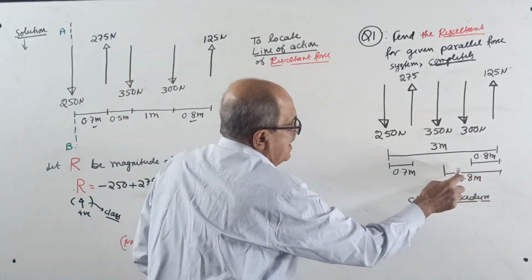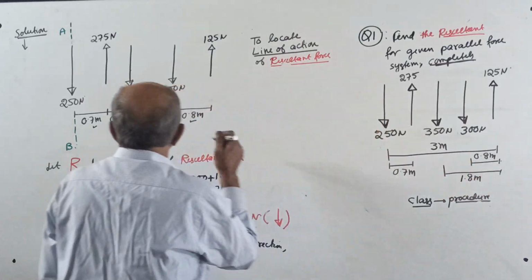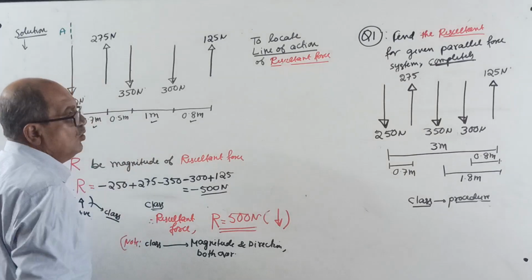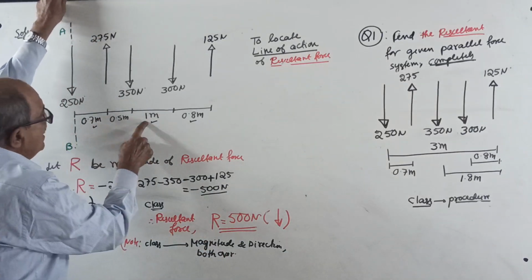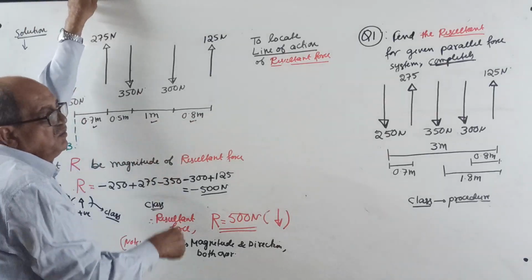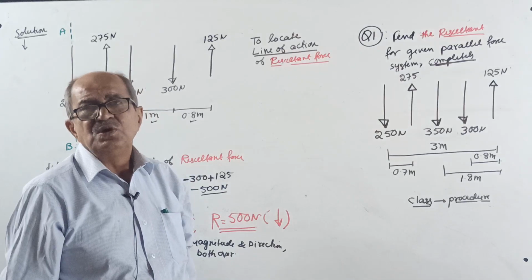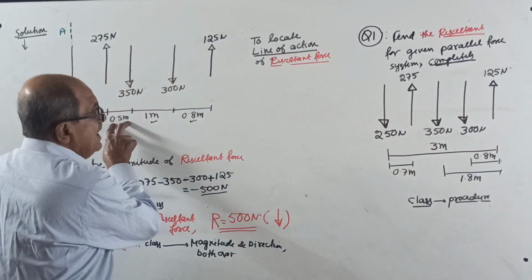This is 1.8 meter, this is 0.8 meter, so this will be 1 meter. Now, 0.7, 1 and 1.8. 1.7 plus 0.8 is 2.5. Total length given is 3, so this gap will be 0.5 meter.